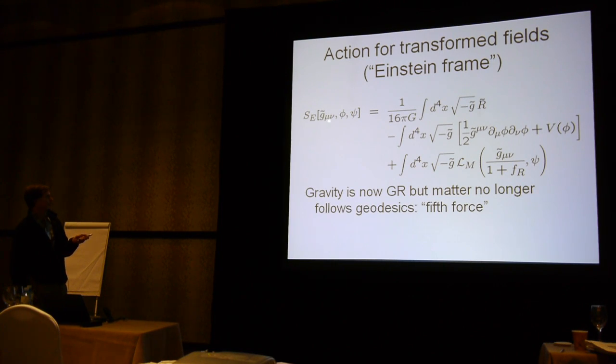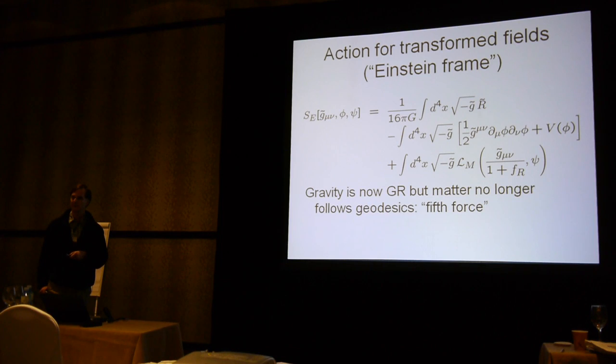And if you do that, the action in these new variables takes the following form, where the gravitational piece now is the Einstein-Hilbert action. In these variables, gravity is not modified. That's very interesting. You can have a modified gravity theory that, viewed through another perspective, is not at all modified. What is happening?